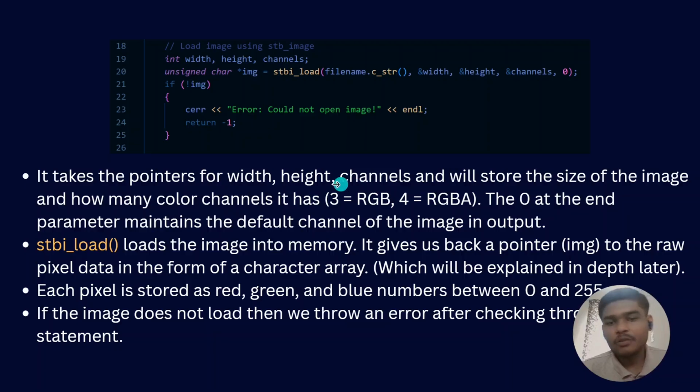Like we will have three channels for RGB and four channels for RGBA. RGB is generally red, green, and blue. But what is RGBA? RGBA is red, green, blue, and alpha. Alpha also defines the transparency of the color.